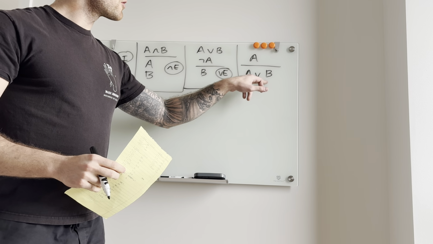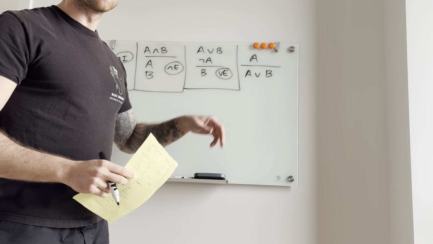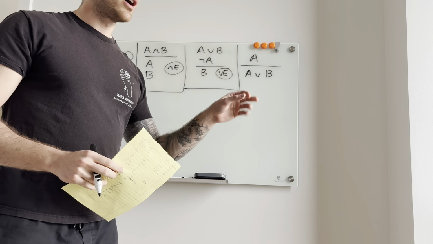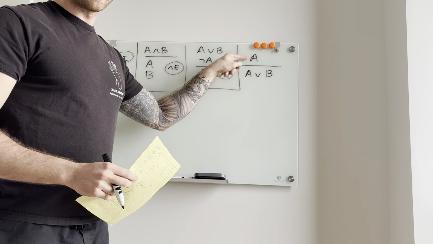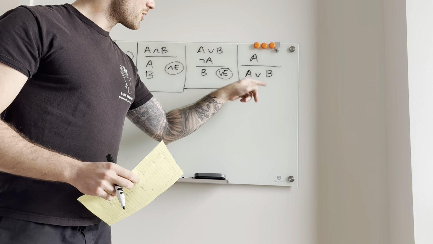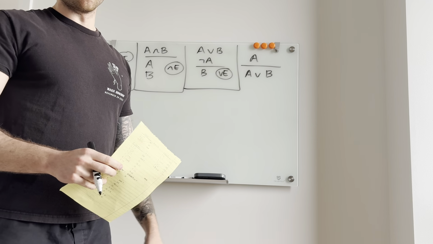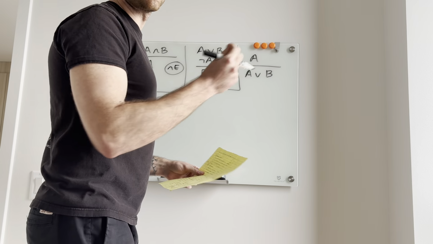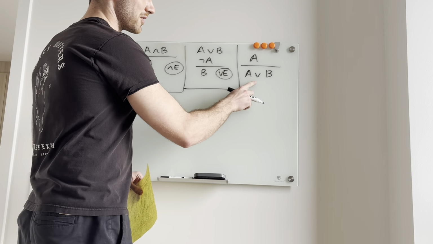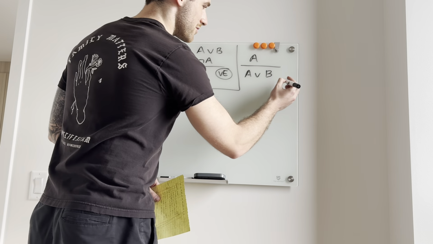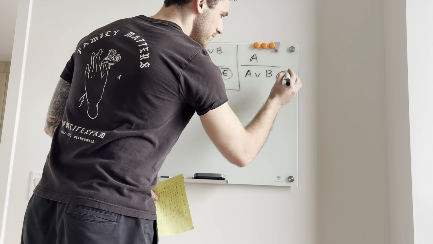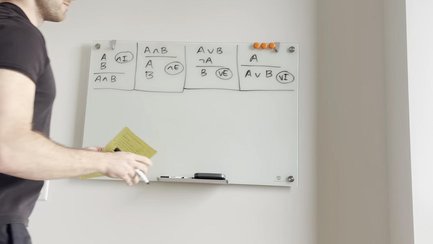Well, for this or sentence to be true, at least one of these sentences has to be true, right? So if you already know A is true, this or statement doesn't care about what B is doing. It's true by itself just because A is true, okay? So this one ends up getting used a lot, even though it's a little bit tricky to learn. So this is called or introduction.